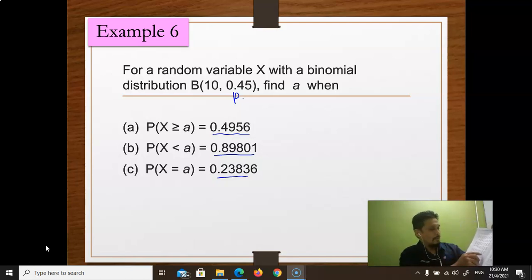So we are going to refer to this line and 0.4956. Then the r equal to 5.